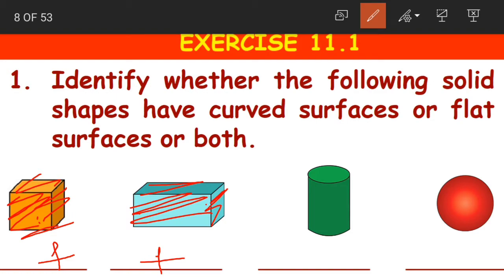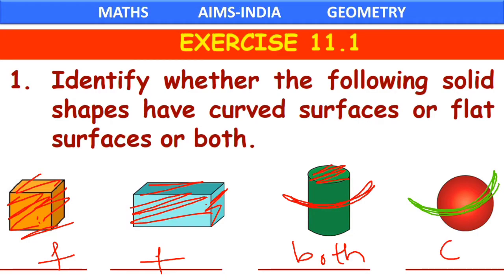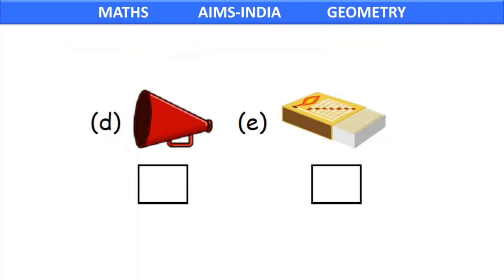Coming to the cylinder, this is a curved surface and the one on the top is a flat surface. So our cylinder has both flat and curved surfaces. Coming to the next object, sphere. Sphere has a curved surface. So our answer would be C, that is curved surface.